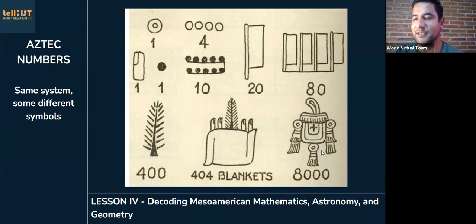And for the 8,000, they used this bag, okay? It's a sacred bag. We know it's sacred because it has a cross. It's, of course, not the Christian cross, but it is speaking about the 4. It's a representation of the universe. Remember the 4 points of the universe. Again, the astronomy represented in their symbols, okay?